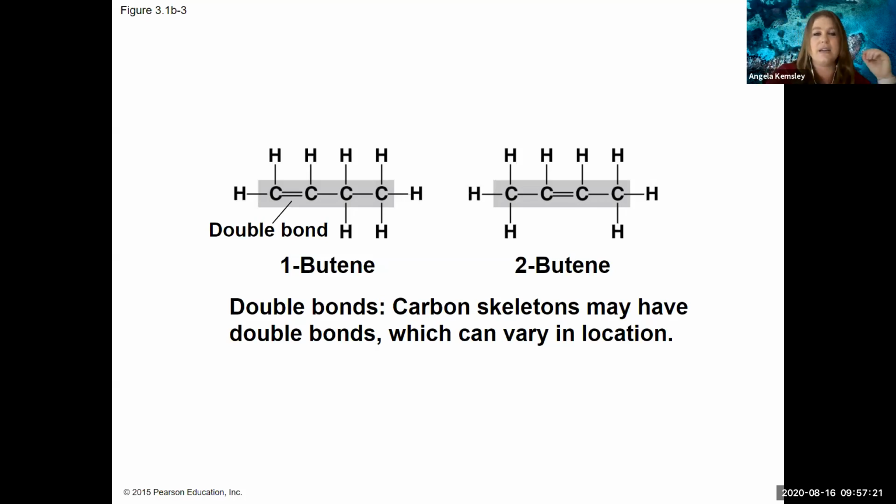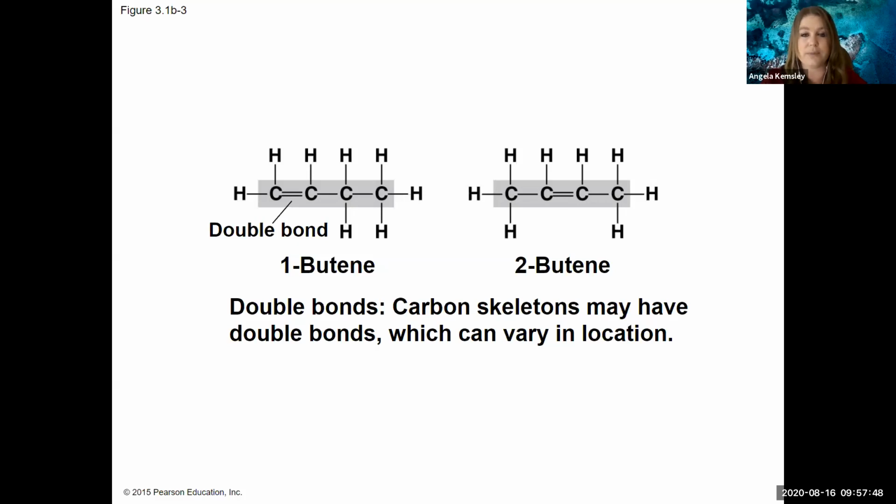So you'll see also that double bond can move. So these are almost essentially the same thing. If you take a look, the chemical formula for 1-butene and 2-butene would actually be the same. The chemical formula, since there's 4 carbons, would be C4, and then there's 8 hydrogens, so H8, so C4H8.